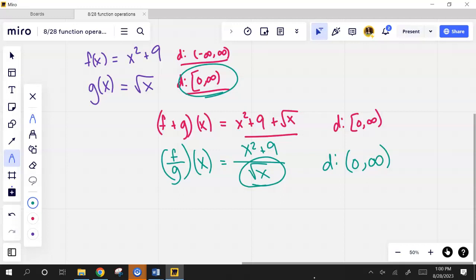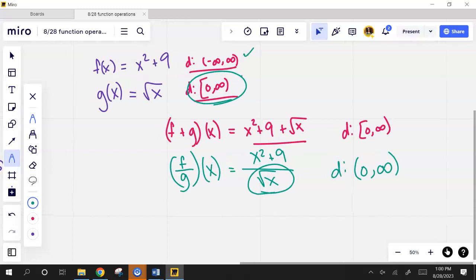How do we know the bottom can be 0? Because the bottom can never be 0. How do we know it's not negative infinity? Yeah, it would make it imaginary on the bottom. And we look at these domains in the beginning, so it has to be a shared domain anyway.